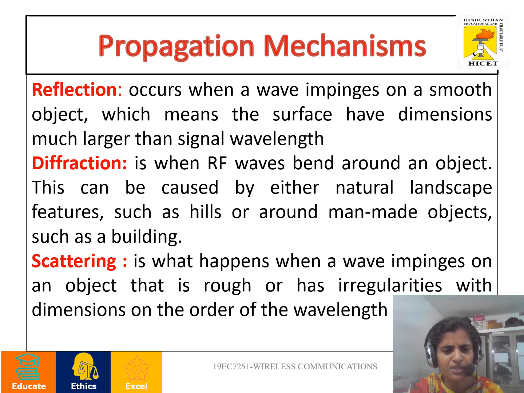The next mechanism is diffraction. Diffraction occurs when an RF wave received from the transmitting antenna falls on the sharp edges of the obstacle. When the signal falls on the sharp edges or spikes of the obstacle, it will take a bend and it will be received.